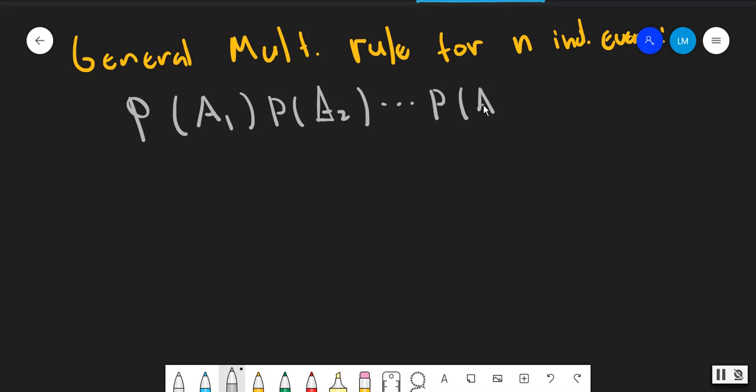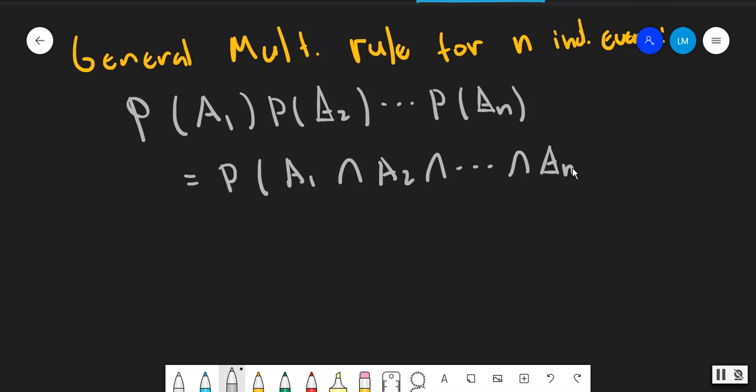So in this case, it's n times. This is going to equal the probability that A1 intersects A2 intersects, and so on, for all of the events. Okay, so you can generalize this essentially.